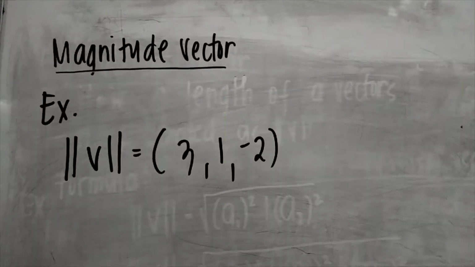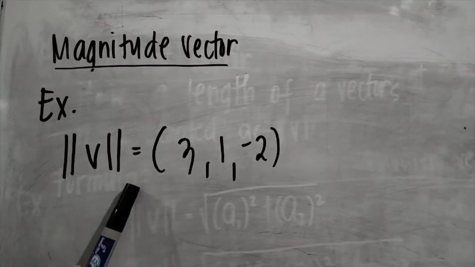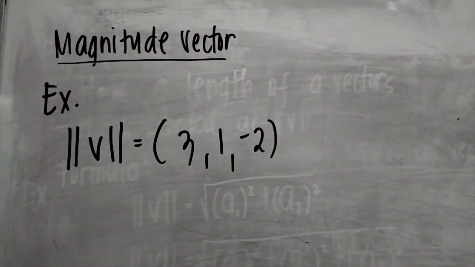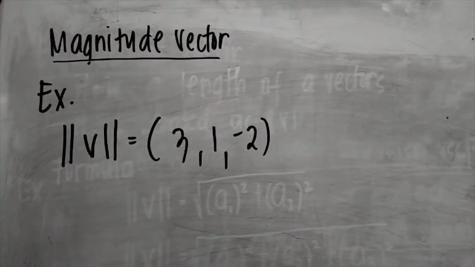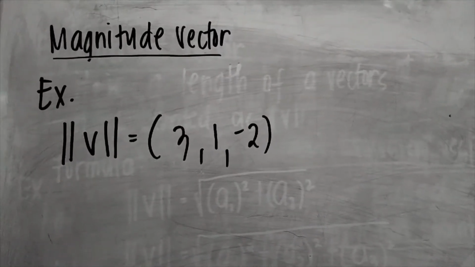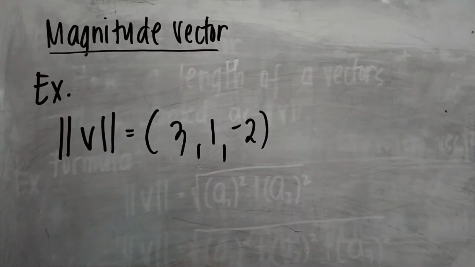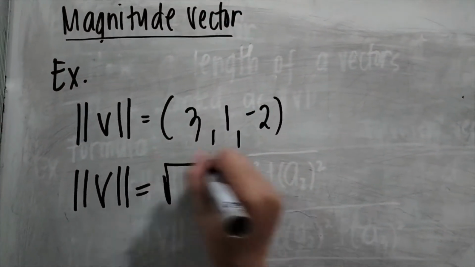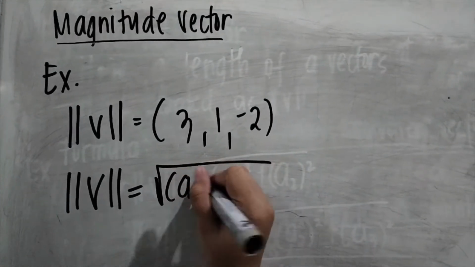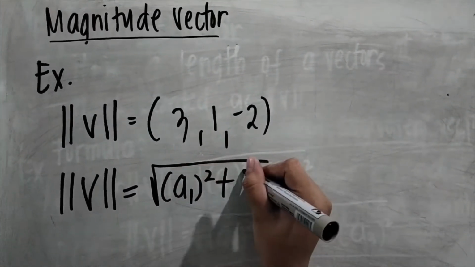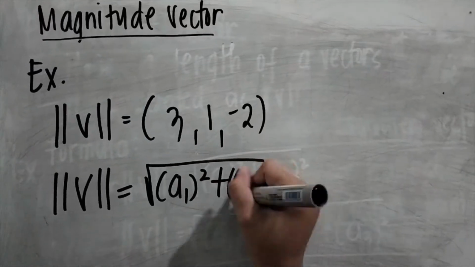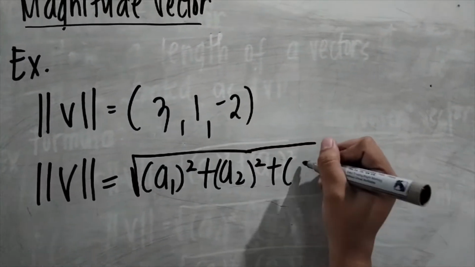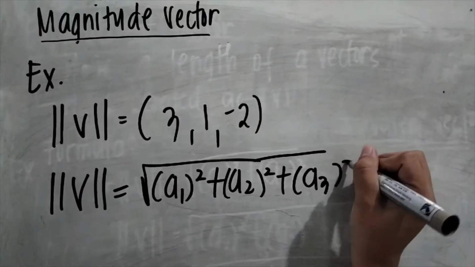Yan. Example: magnitude of B is equal to the components 3, 1, and negative 2. So, as you can see, they use 3 dimensions, so the formula is magnitude of B is equal to the square root of a sub 1 squared plus a sub 2 squared plus a sub 3 squared.